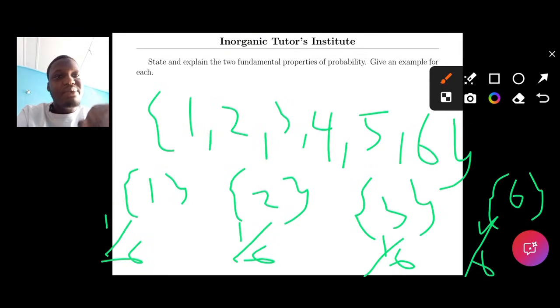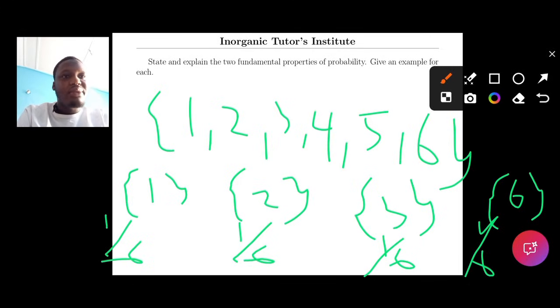So when you sum the simple events, it will give you a total of 6 over 6, which is 1. So the sum of all simple events, or the sum of the probability of each outcome, should give you 1. So that's the second property of probability.